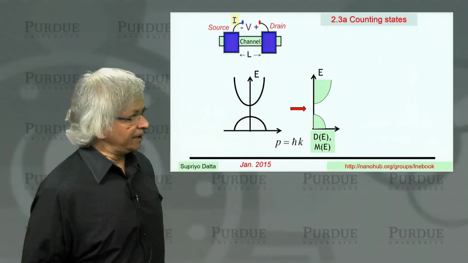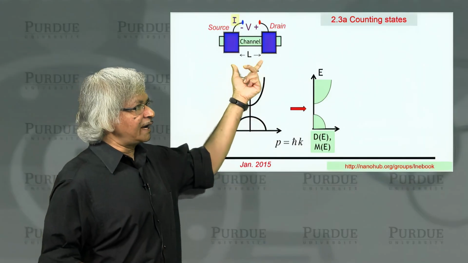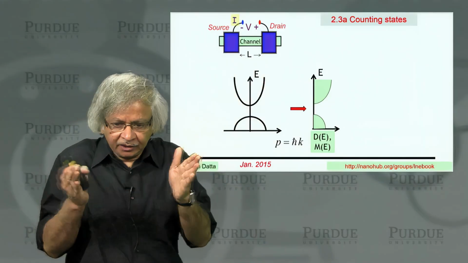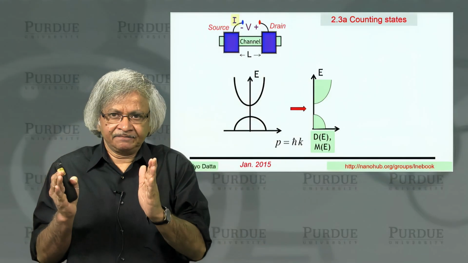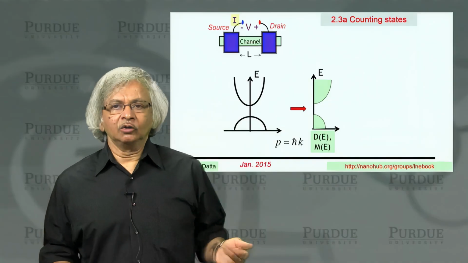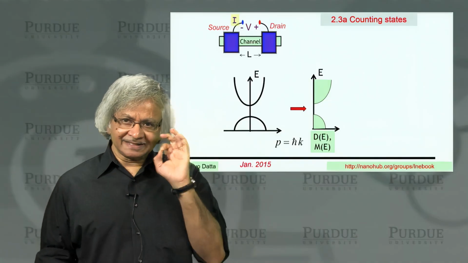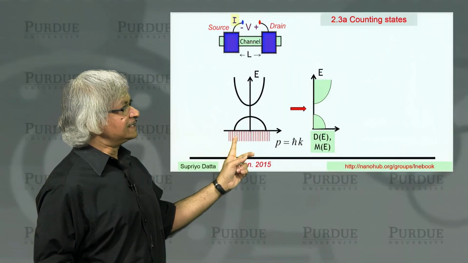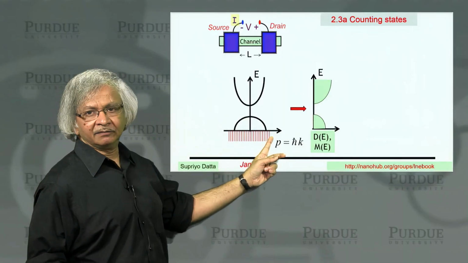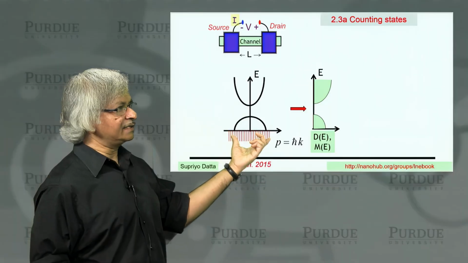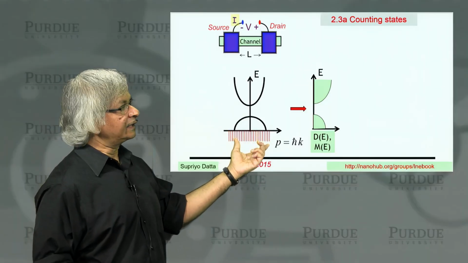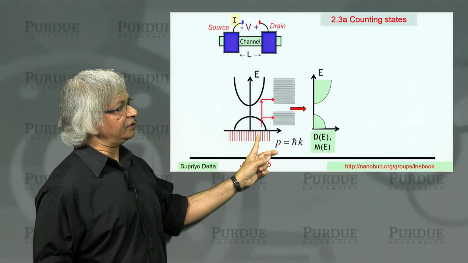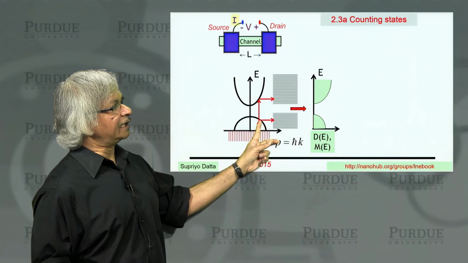But the argument you make is that once you have an electron in a solid with a certain finite size, then not all momenta are allowed. Only certain momenta are allowed. So you have these discrete values of momentum inside the solid, and corresponding to each discrete value there are allowed energies.